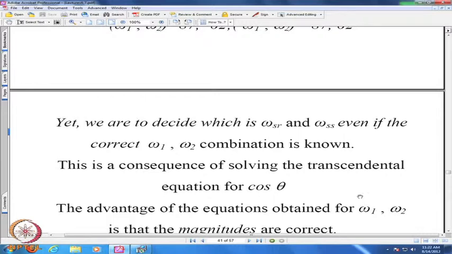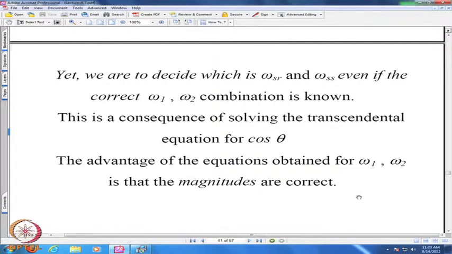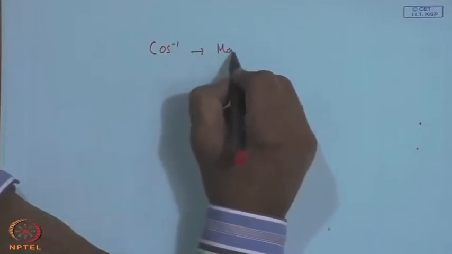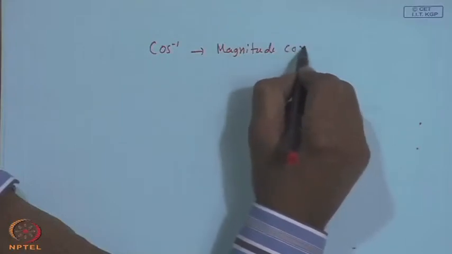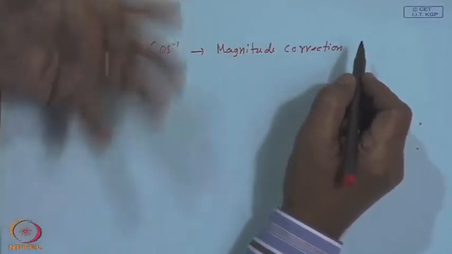So, this is a consequence of solving the transcendental equation for cos theta. But there is a slight advantage that this cosine inverse fortunately gives the magnitude correctly. The ambiguity is whether it is minus 87 or plus 87 or plus 62 or minus 62, but 62 and 87 are real.